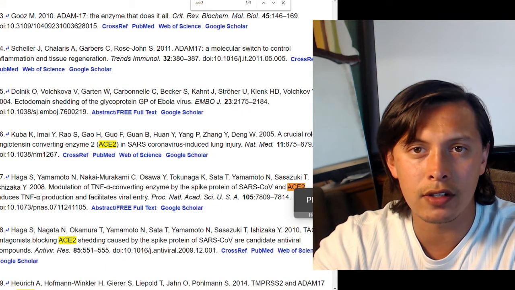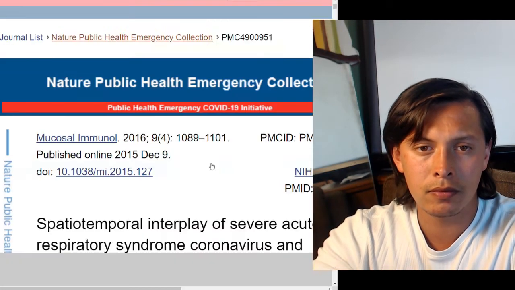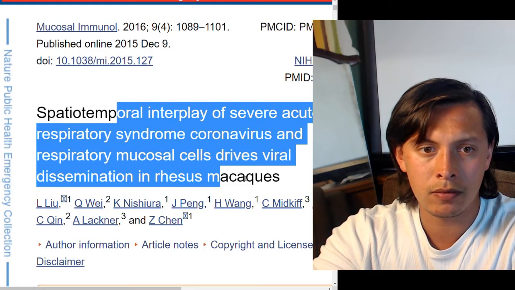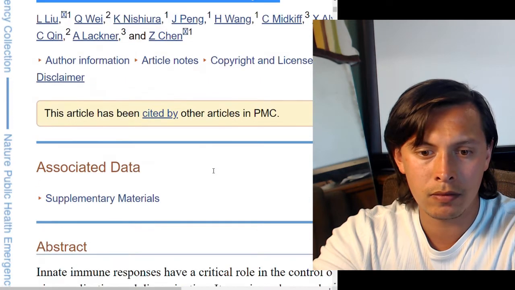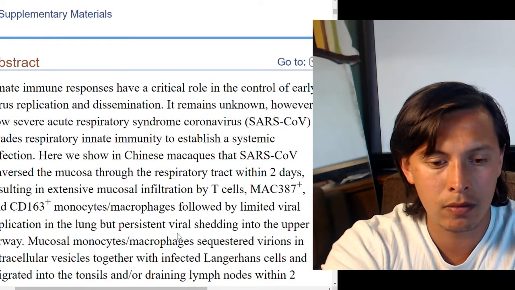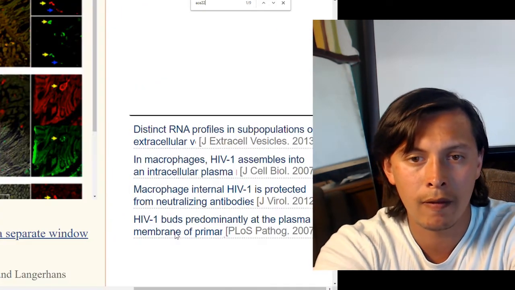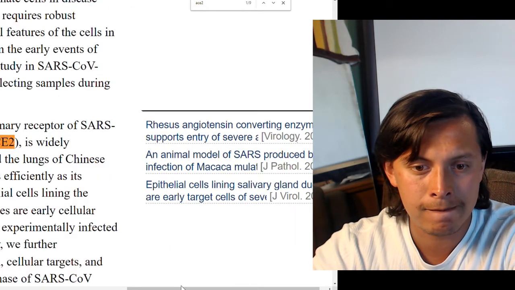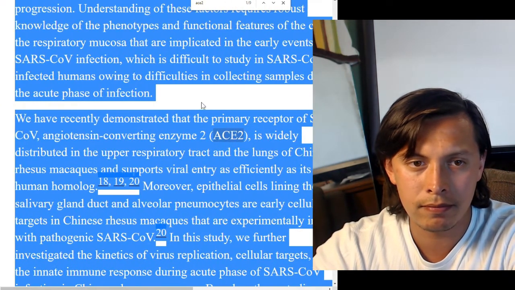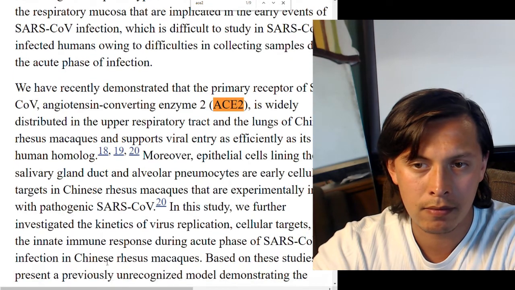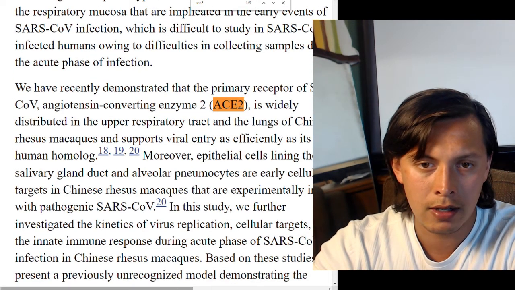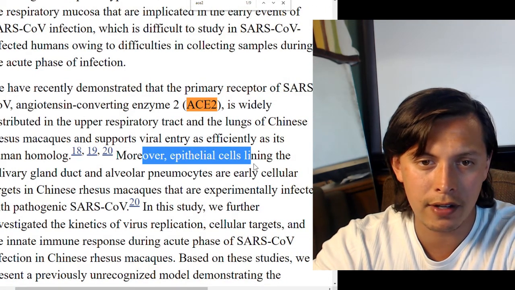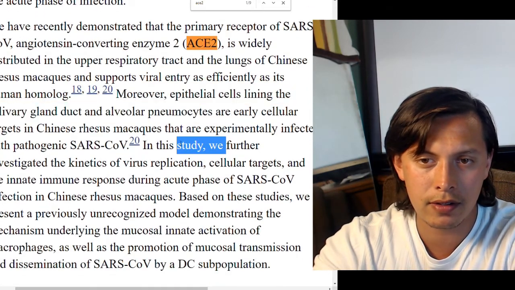Okay, this isn't a good one. Maybe this paper. Moreover, the epithelial cells lining the salivary ducts.